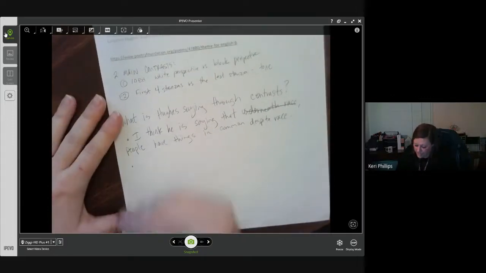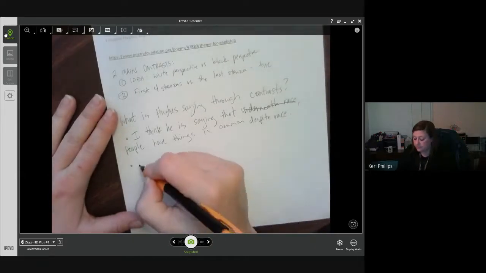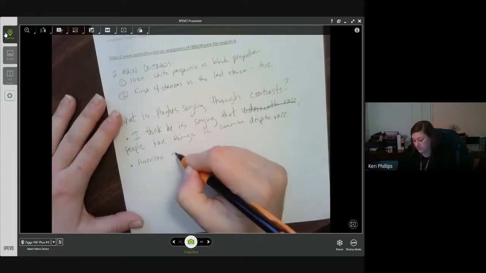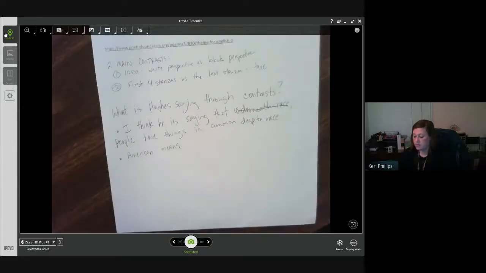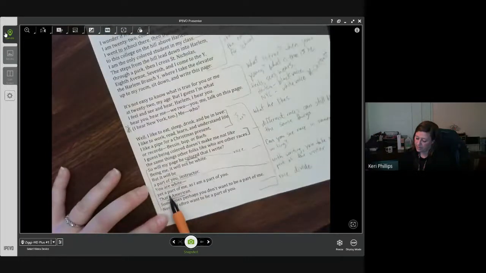I think with the contrast, he's also saying American, because he says here, that's American, is being part of each other.